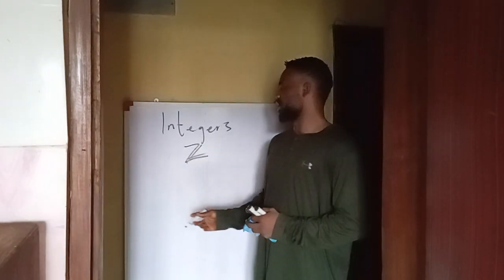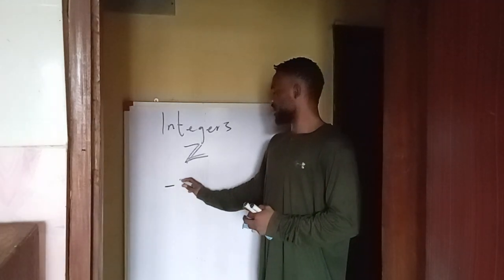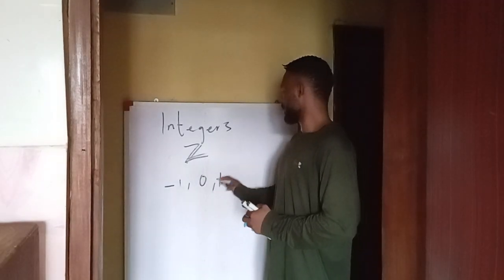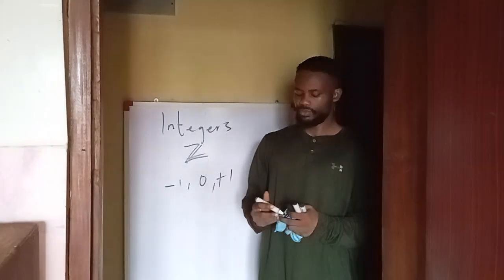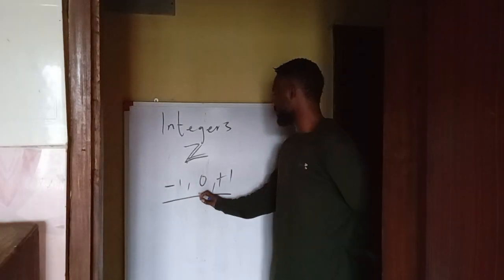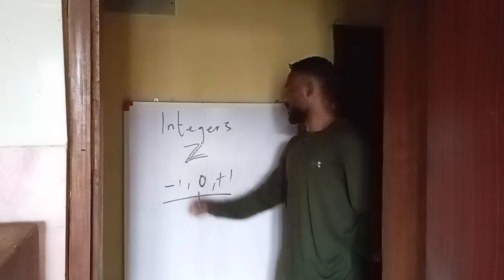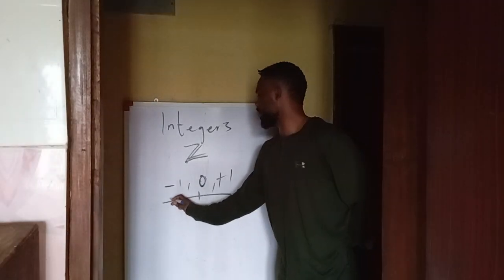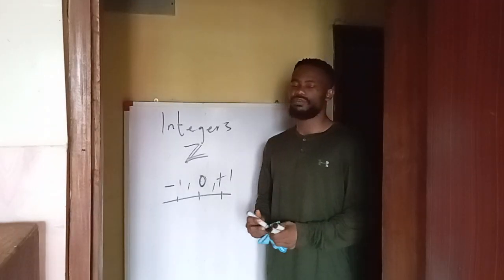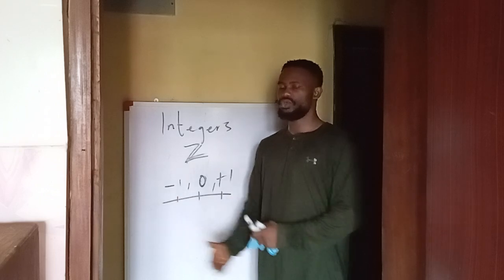So we said that integers are the set of negative whole numbers, 0, and positive whole numbers. We can represent this on the number line, such that 0 stands as the neutral point, while this is the negative part and this is the positive part.